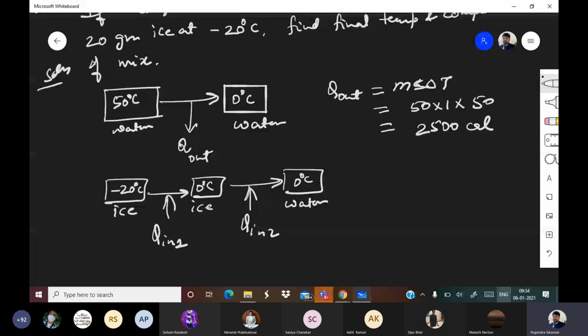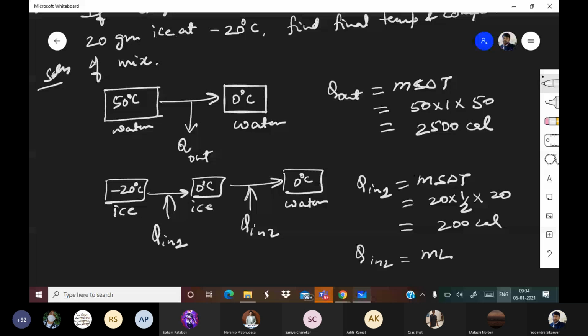Q in 1 is m s delta T. M is 20, S is half, delta T is 20. That is 200 calories. Now let us melt it. So Q in 2 will be m L. M is 20, L is 80. 20 into 80 will be 1600 calories.